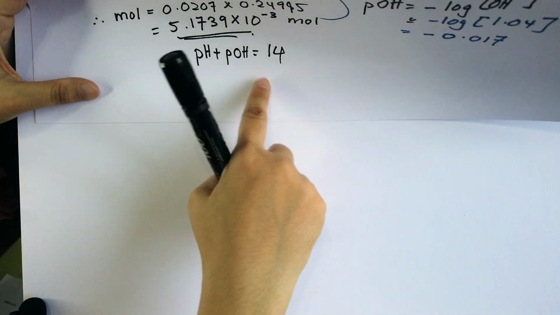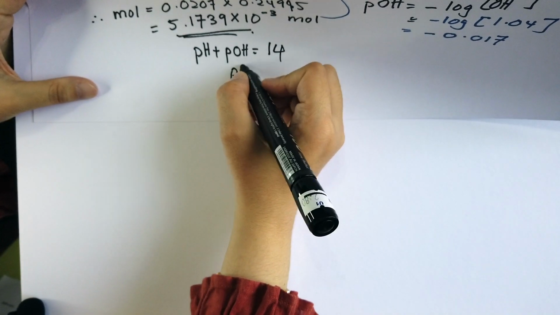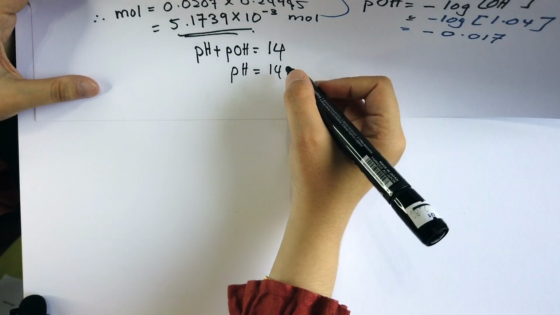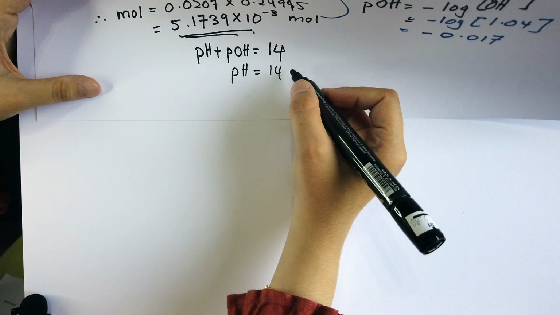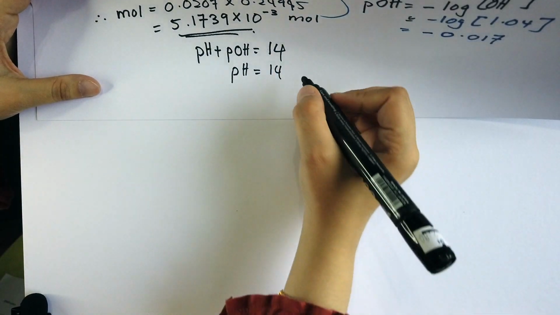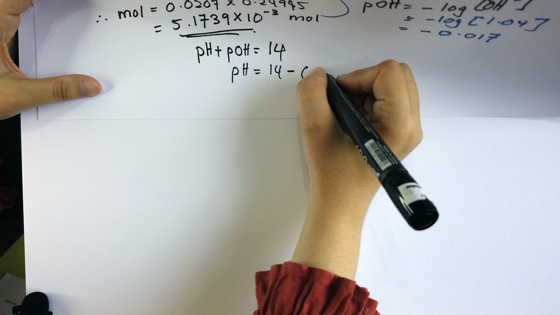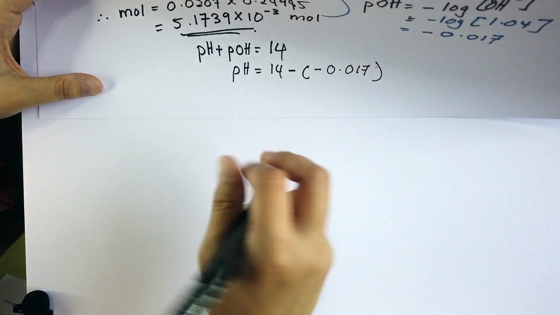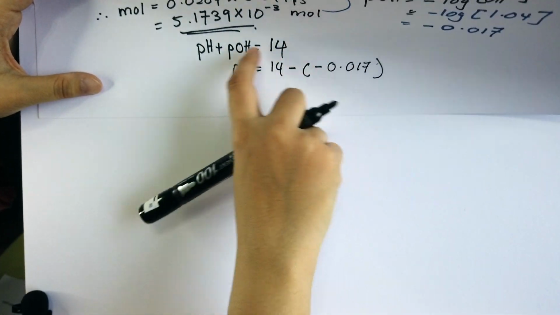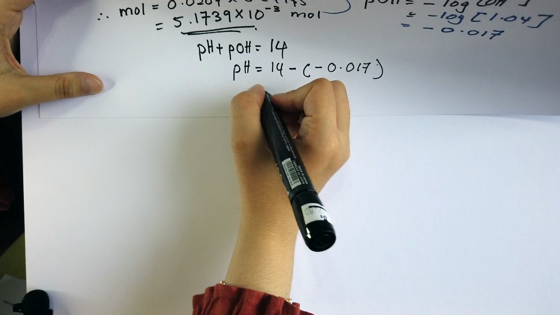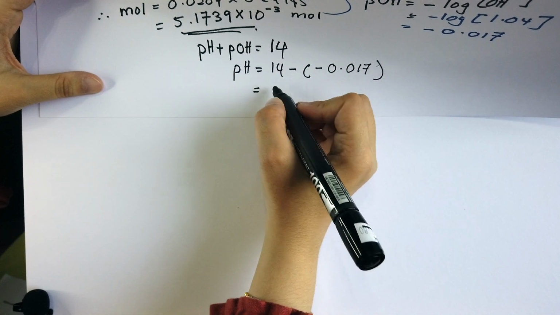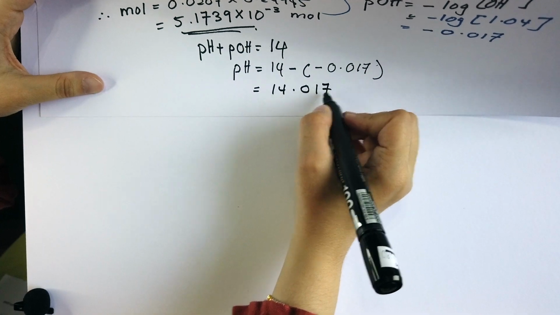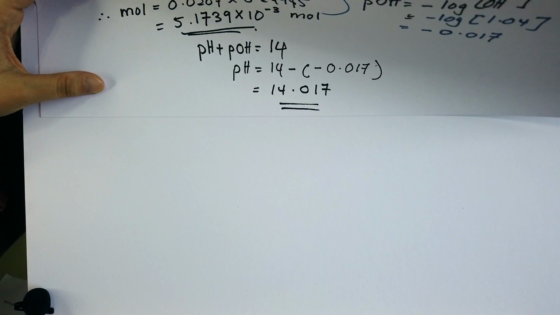So pH equivalent to 14 minus your pOH, which is negative 0.017. Because for pH, you bring the pOH here, so you will get your pH should be equivalent to 14.017. So this is your final answer.